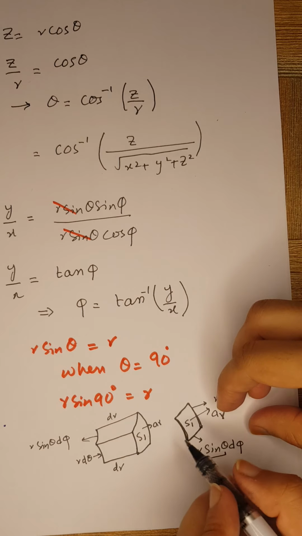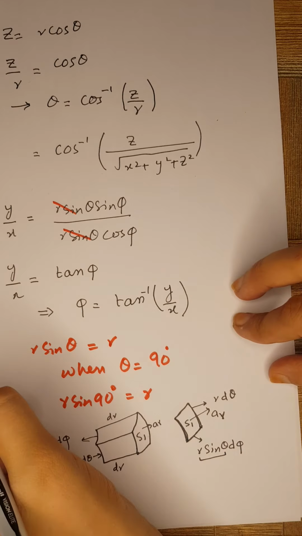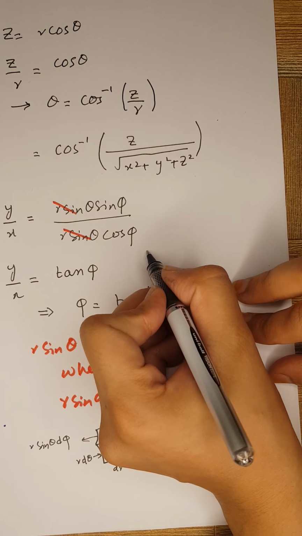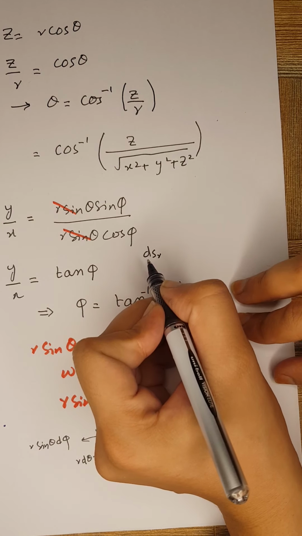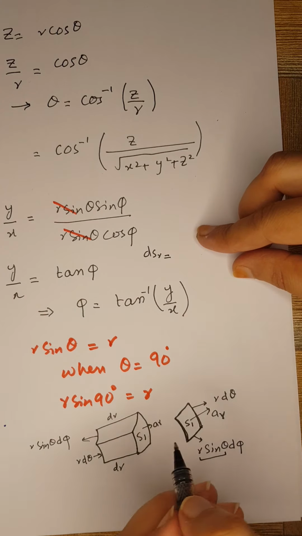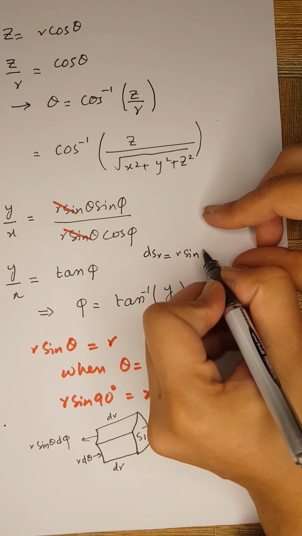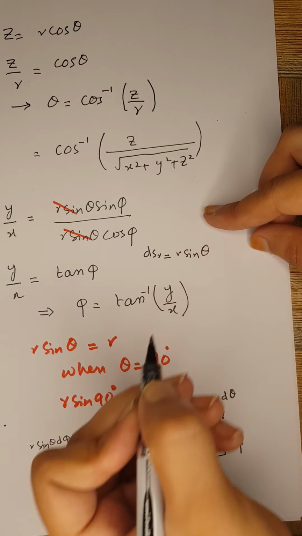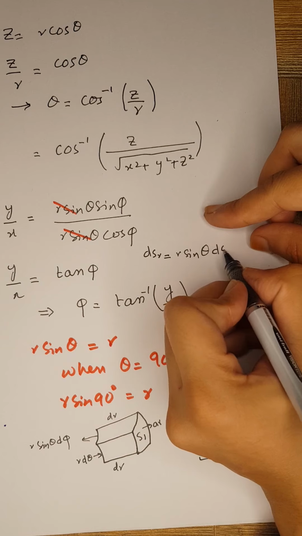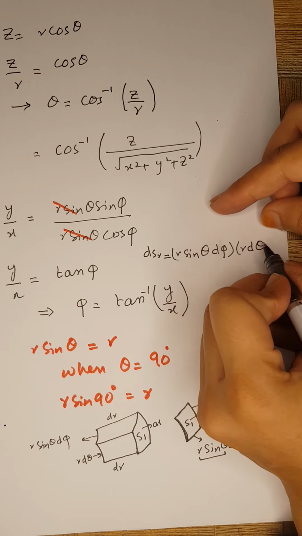That's why the area of S1, which points in the direction of the radius, is equal to, writing it as dS_r, r sine theta d phi multiplied by r d theta.